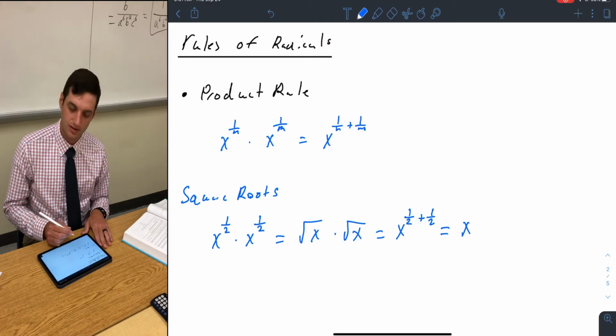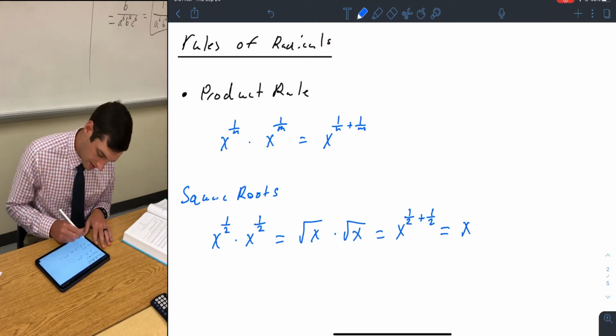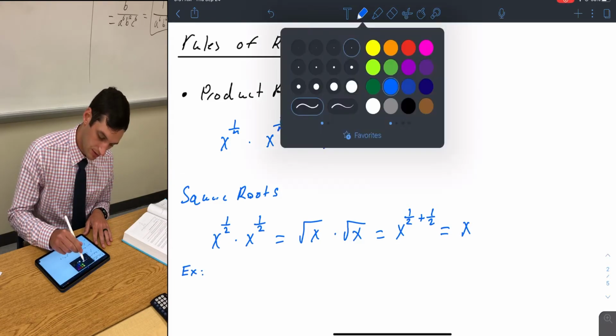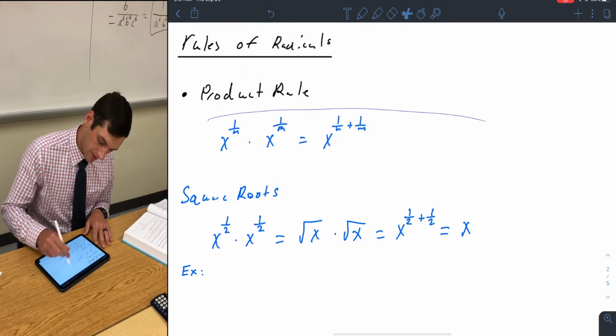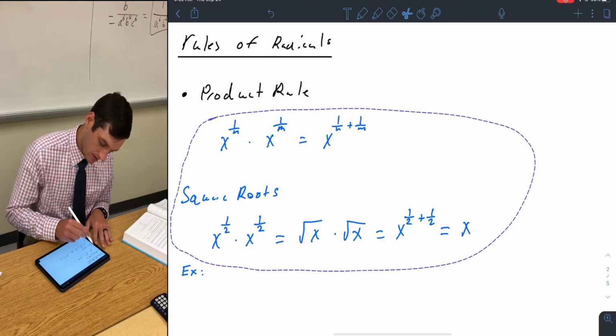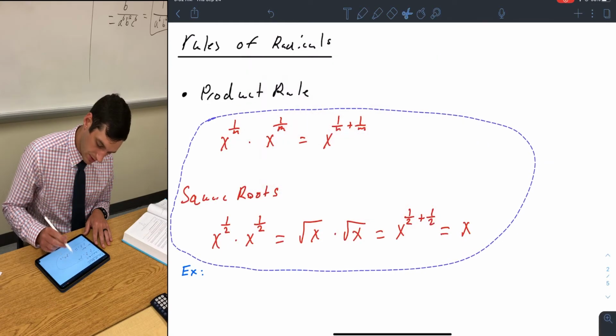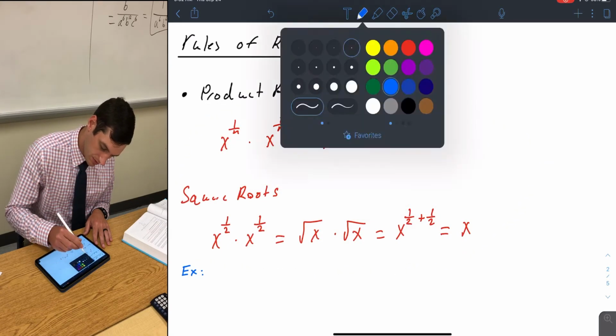So if I have, let's do an example of that. Let me change the color of these to make it a little bit more accessible. Change that to red, and in our example, we'll stay blue.